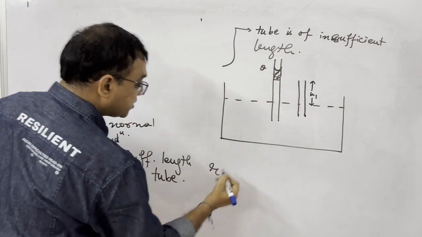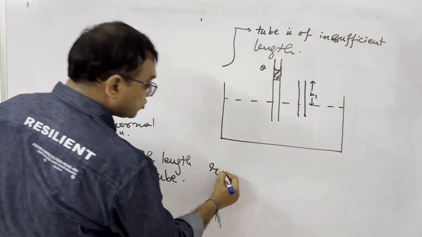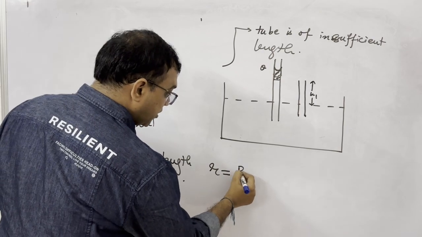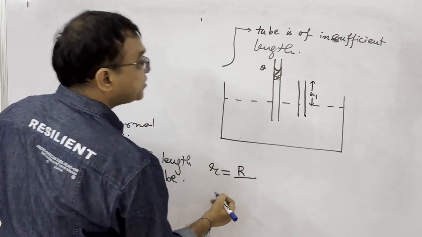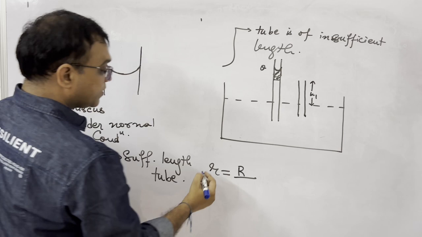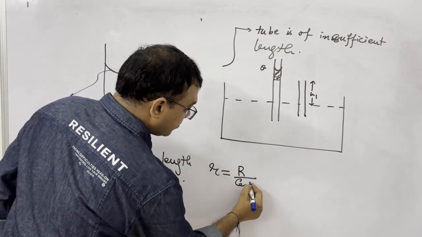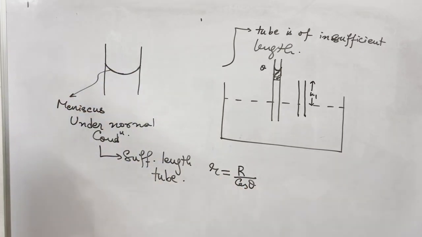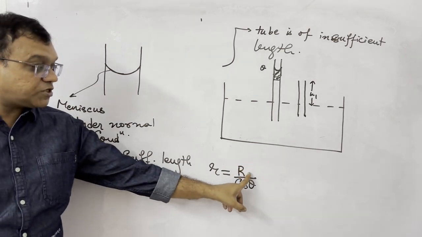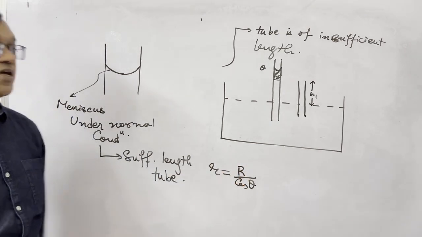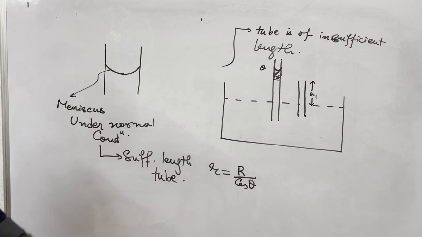Radius of this meniscus and radius of the tube are related by what I have written, r by cos theta. Radius of the meniscus and radius of the tube are related by this expression, right?